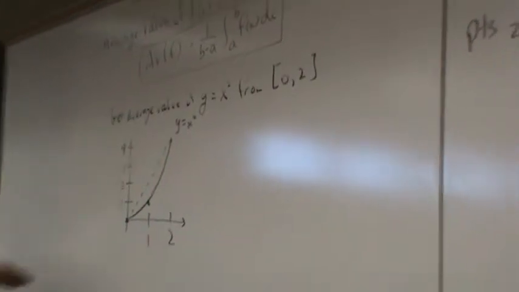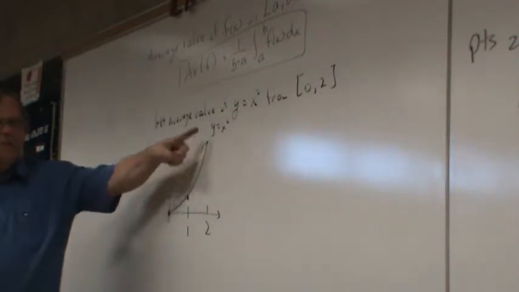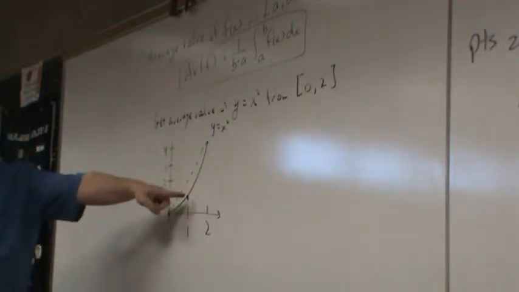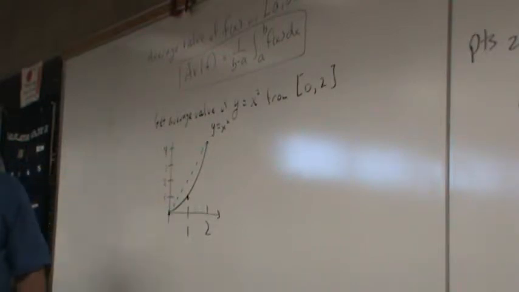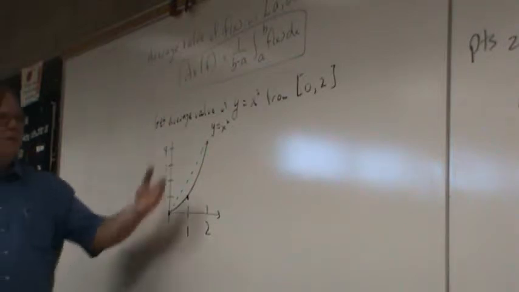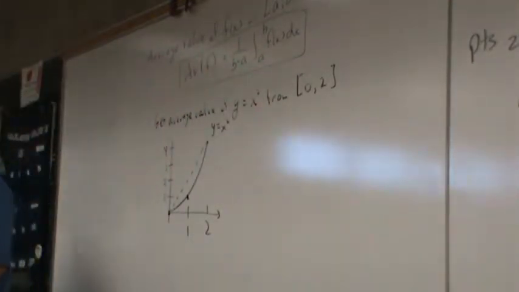Good for you. The average value would be 2, right? But I don't have this green function. My function is the parabola. Would you expect the average value of this function to be bigger than or less than 2? Hope you guys are getting less than. Please do this problem now. Just mindlessly plug into your calculator. Good luck.